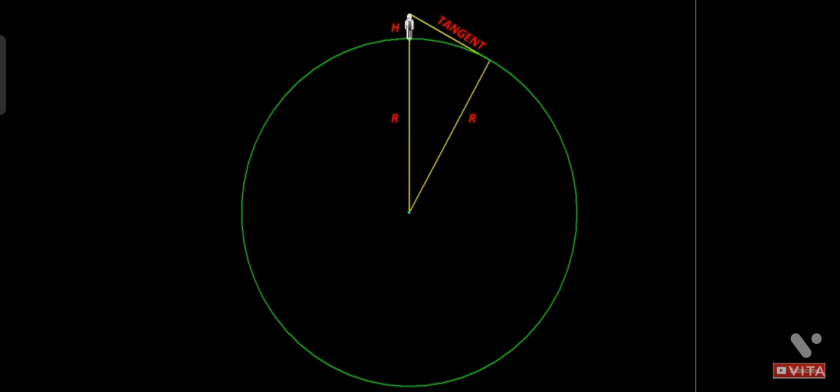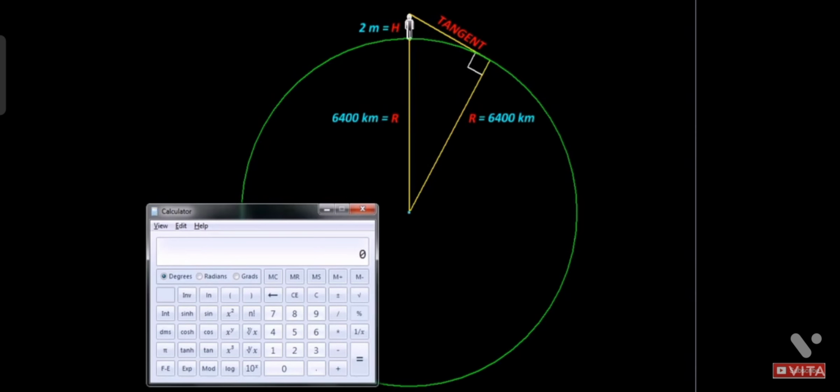Now we know that the tangent to a circle is perpendicular to the radius drawn at that point, so we have a right angle triangle on hand, and we can substitute the values here, like the radius of Earth being 6400 kilometers, and the height of the observer standing at sea level could be taken as about 2 meters. And then for this tangent's length, we can use Pythagoras theorem. So let's calculate.